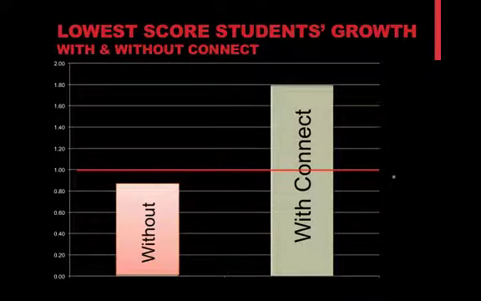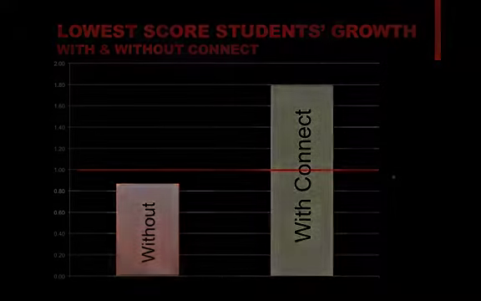This confirms the suspicions that many of us have that Connect is the most helpful tool with helping students who need the most help, and probably is also another one of the reasons why Connect ended up being an equalizing agent among students within the classes where it was used.